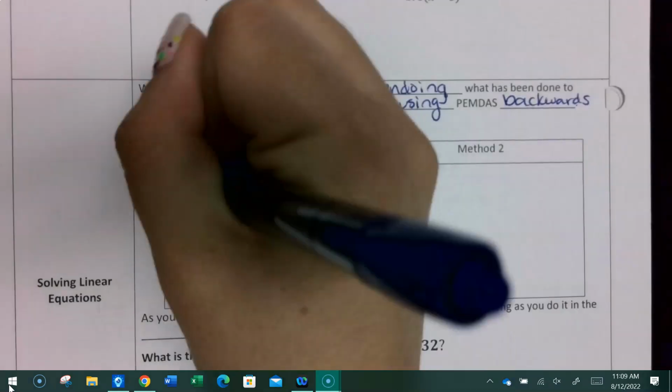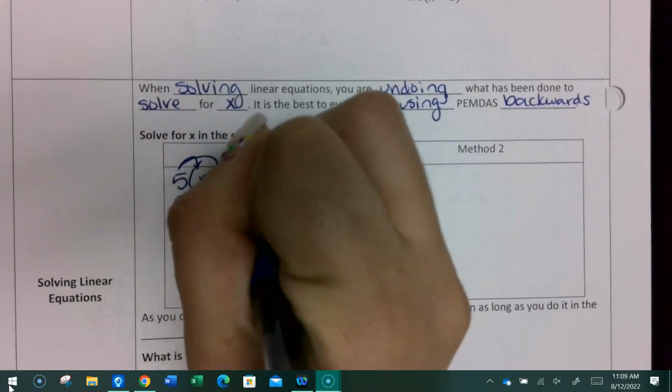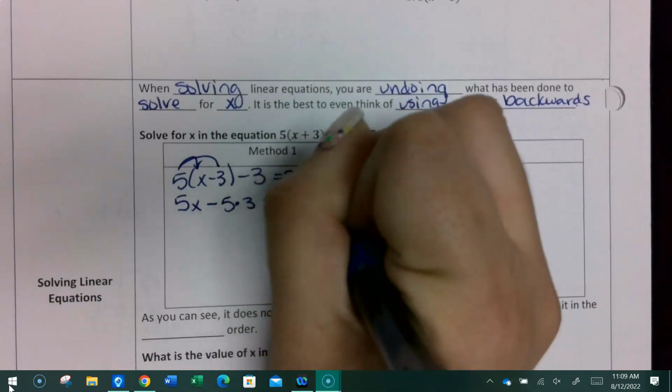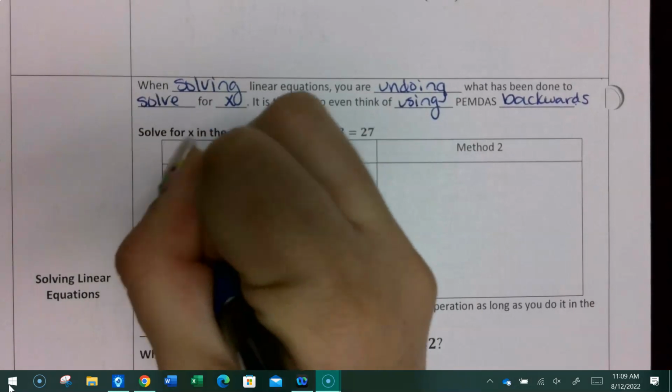Okay, so I'm going to start off by distributing. So I'm going to take the 5 times the x, and then the 5 times the 3. Okay, what is 5 times 3? 15.